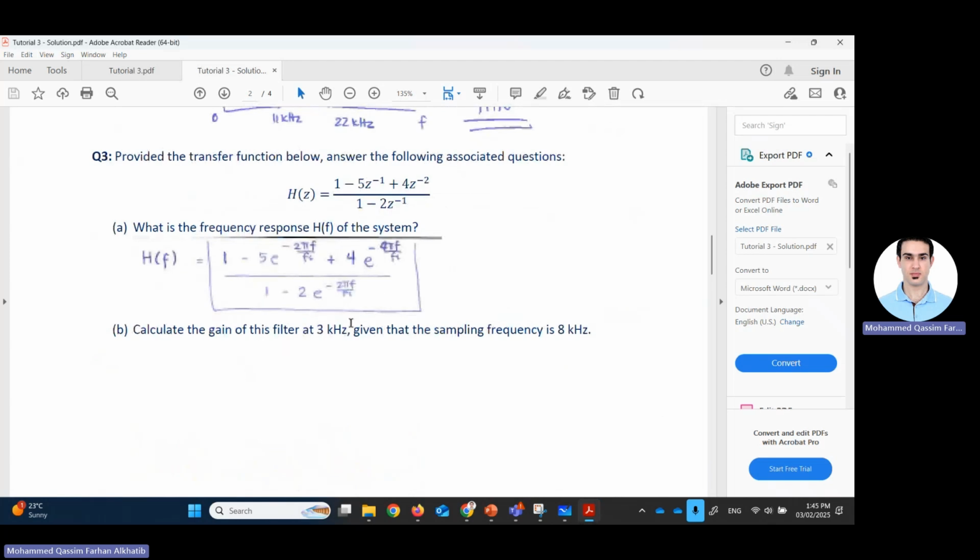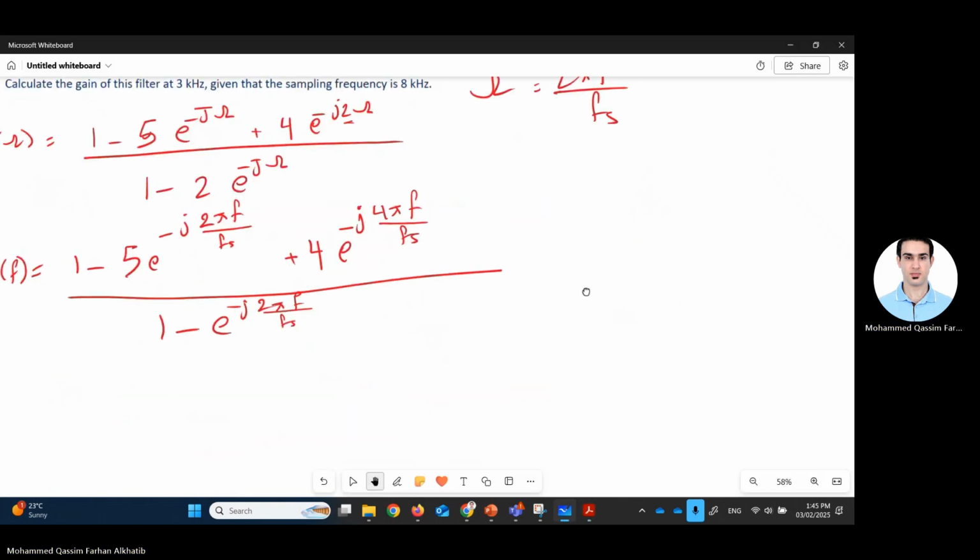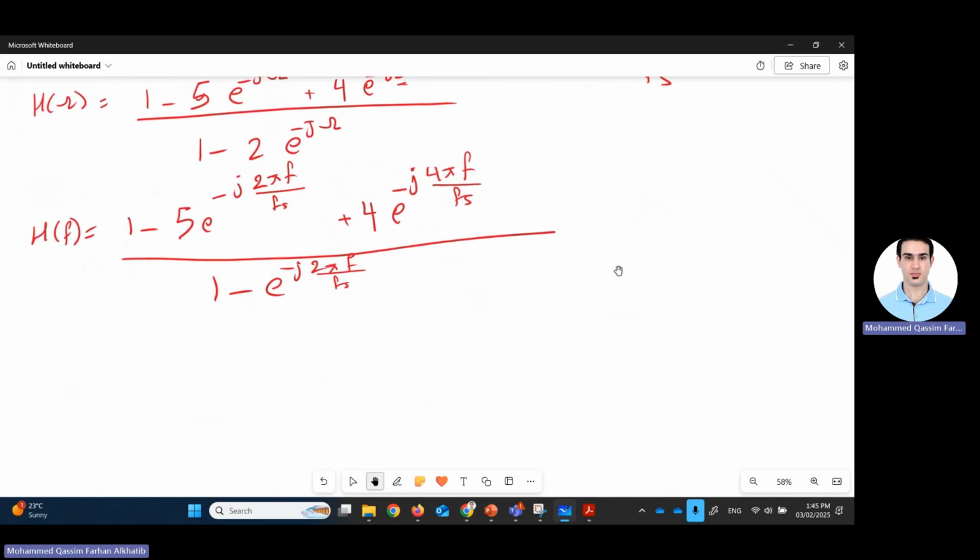Now this is the part where I substitute f equal 3k and fs equal 8k. Let's see what will be the behavior of this system. 1 minus 5 e to the power minus j 2 pi times 3 over 8.